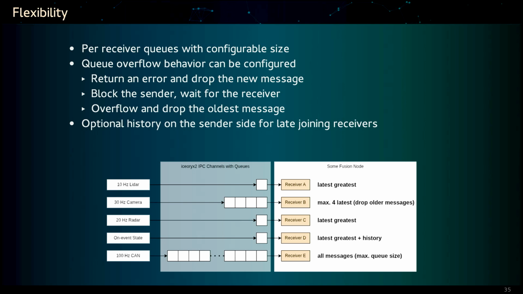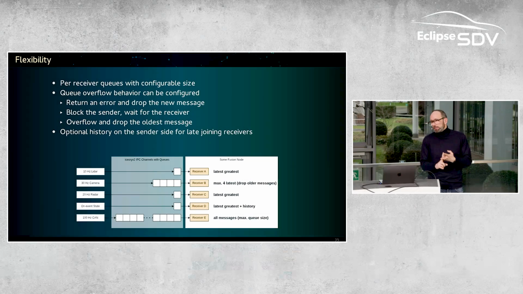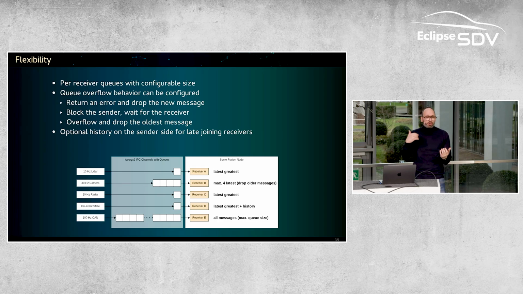And my favorite is we overflow and drop the oldest messages. So we can have the latest, greatest messages stored for you in the background, with best memory efficiency and lowest overhead. Additionally, we have historical messages, so late joiners get data sent in the past from the senders.